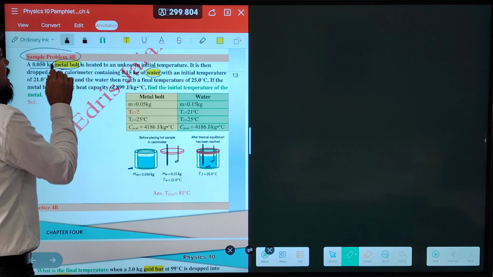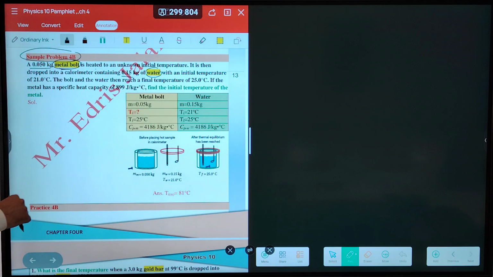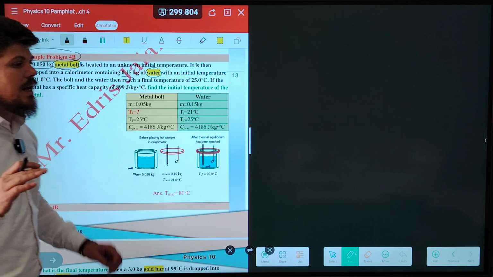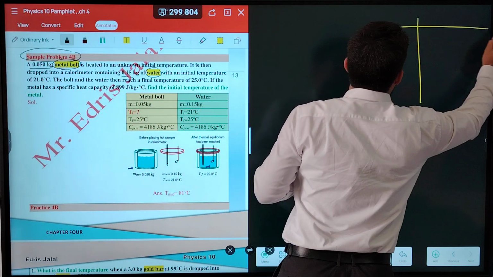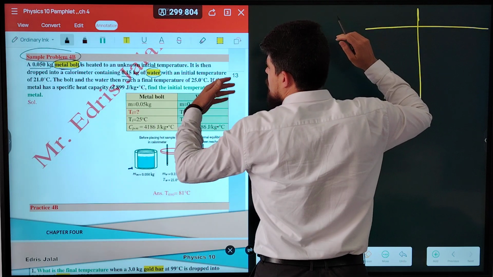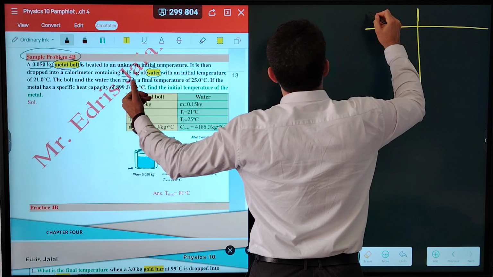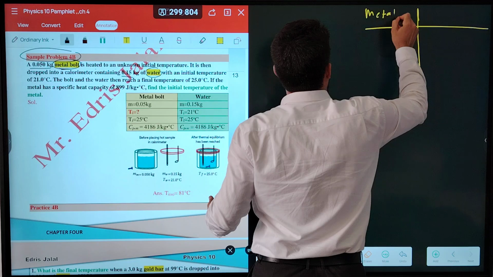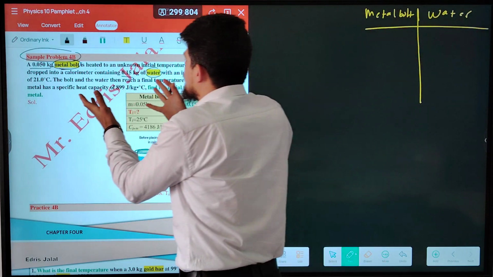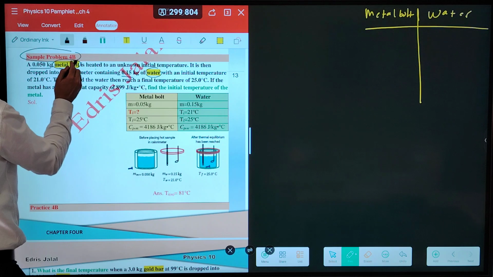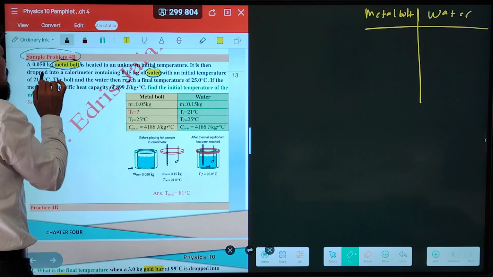Guys, look, I highlighted both substances. For solving this question, I suggest you make a table. Write down both substances, metal bolt and water. How many substances do we have? Two, metal bolt and water.